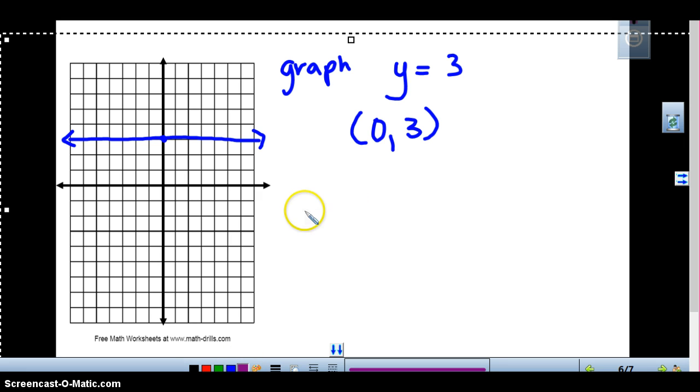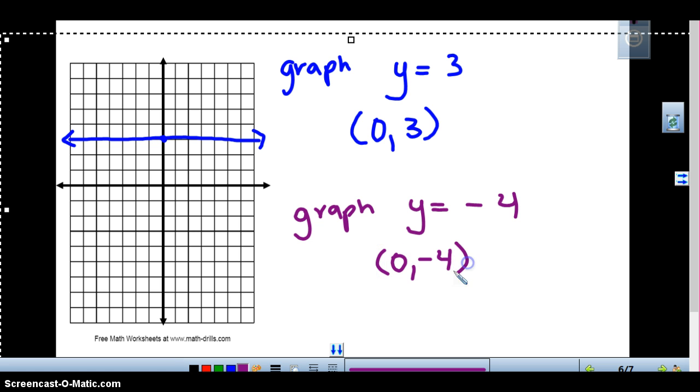So let's say I want to graph y equals negative 4. What would that line look like? It would look horizontal, and it would pass through where? 0, negative 4, or negative 4 on the y-axis. This would be the graph of y equals negative 4.